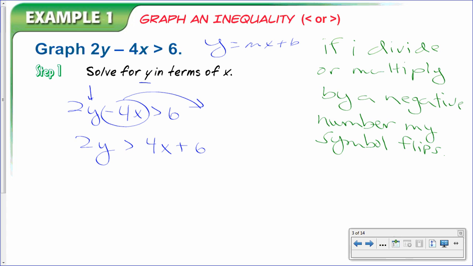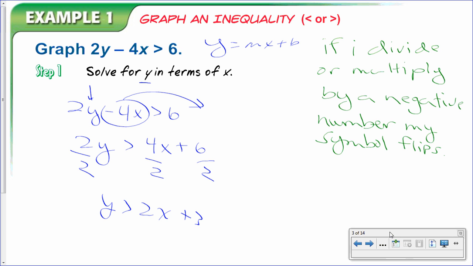Make sure you always write it first. Then I divide by 2. Is that a negative number? No, so the sign is going to stay the same. Y is greater than 2x plus 3. Pretty simple, yeah. So let's graph it then.